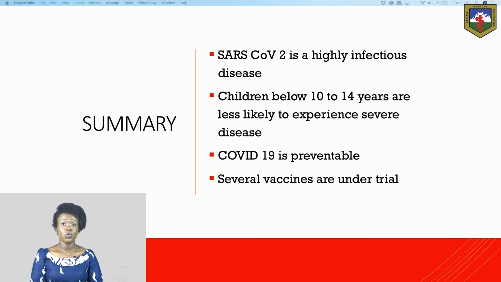However, SARS-CoV-2 has been a pandemic because it's highly infectious. But the good news is that children below the age of 10 to 14 are less likely to experience severe disease. But it's important to note that infants less than 1 year, because of their immature immunity, may experience a more severe illness.